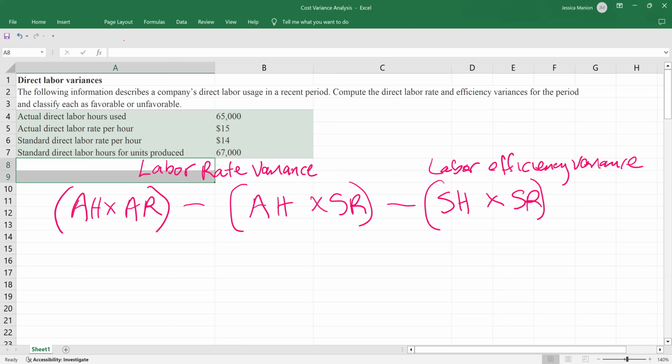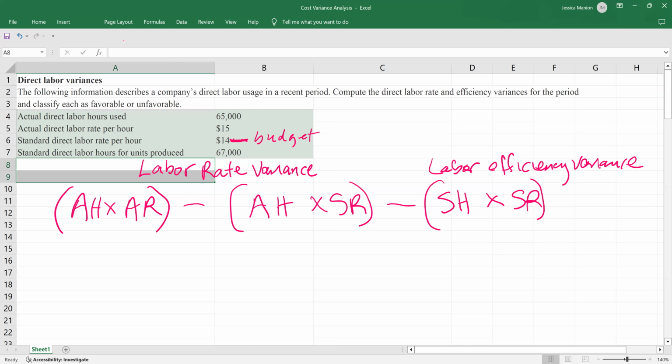Before we plug the numbers in and do the math, let's think about this rate variance. Our standard is $14 per direct labor hour. That's what our budget would have been based on, right? The standard is where we get our budget information.